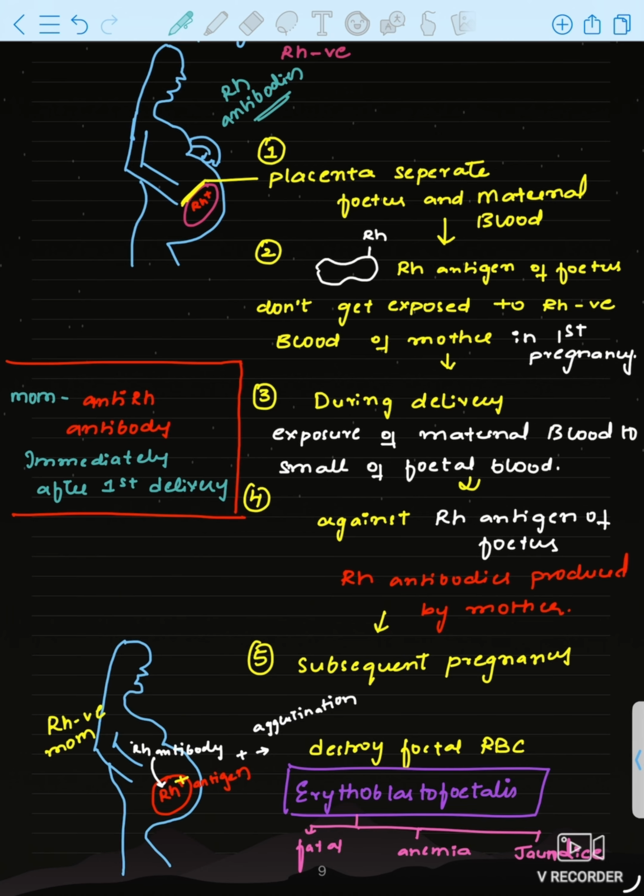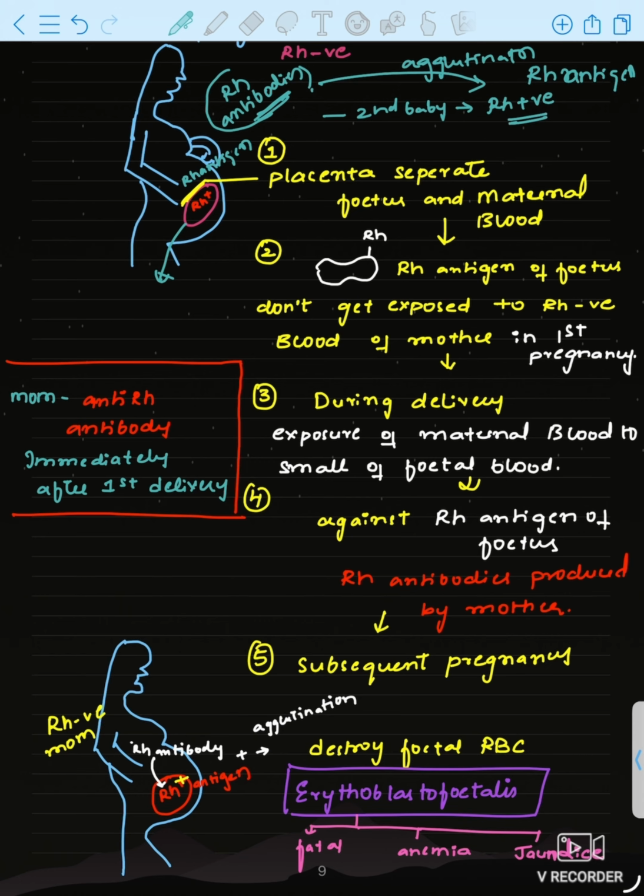This baby came, delivery occurred, and a small amount of Rh antigen was there, no? Against that antigen, the mother has formed antibodies. Now if the second baby is also Rh positive, these antibodies are already formed. They will go and kill the Rh antigen RBCs. Agglutination will occur, and the baby will die. The complication will occur.